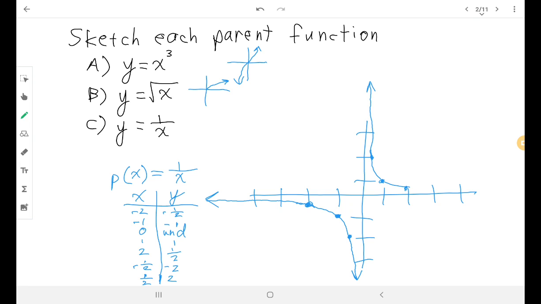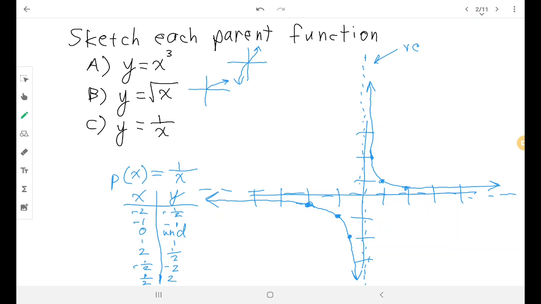Same thing here, as I keep going along this line, I get 1/overs and close to 0, but I'll never get 0. And so this winds up looking like that, and then you have this imaginary line that goes up and down in between these two, and horizontally there as well, and we call these asymptotes.